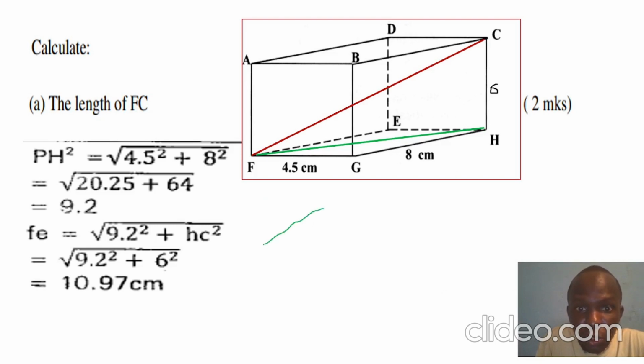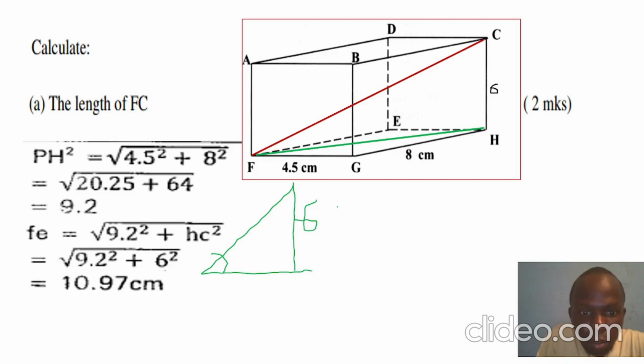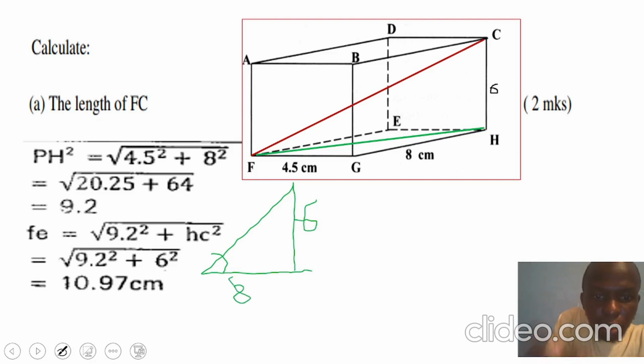So the triangle will be that. Let's say that is the triangle, and then we have theta, and then we have 6 centimeters, and then we have 8, but we don't know... let me use a different color.